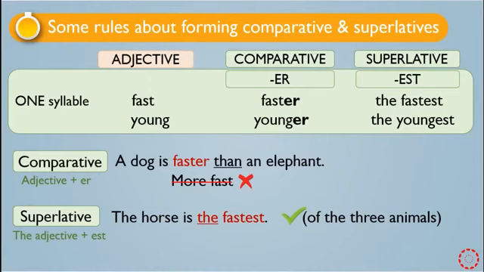It means the horse is the fastest of the three animals. And we have the before the superlative form. We say the fastest, the youngest. And we cannot say the more fast, we say the fastest.